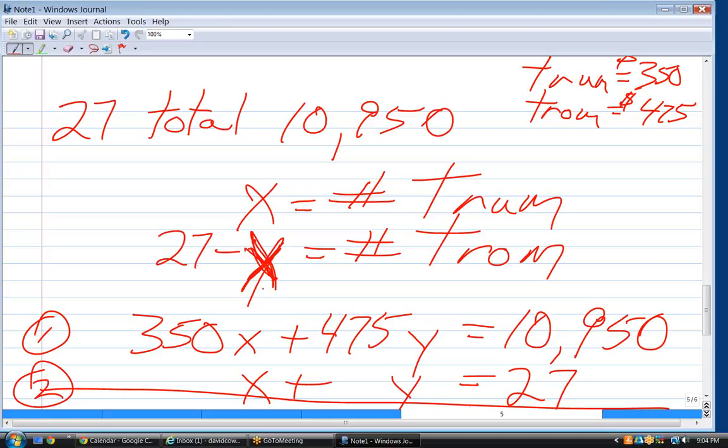In other words, I take what would have been a second equation and I merely eliminate that y variable. I don't need it. I can solve this whole problem with just the x variable. Since I know they total 27, if x equals the number of trumpets, then 27 minus x has to equal the number of trombones.